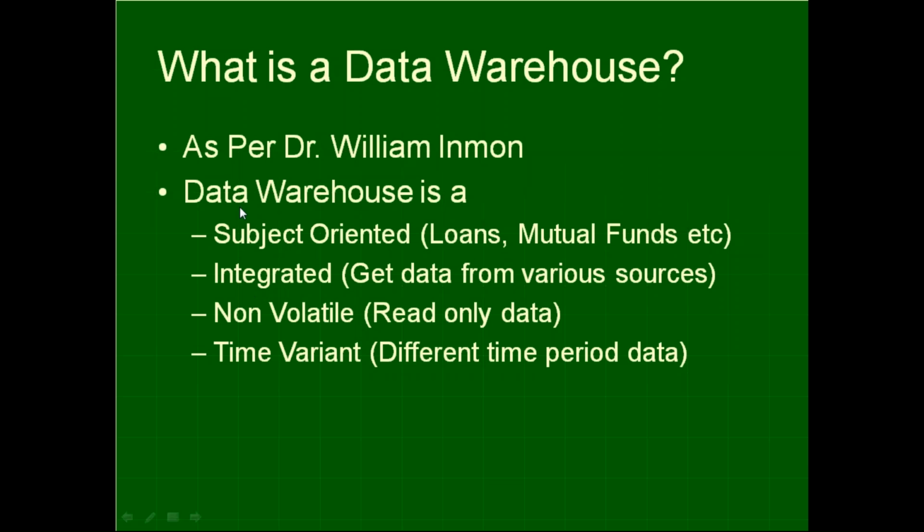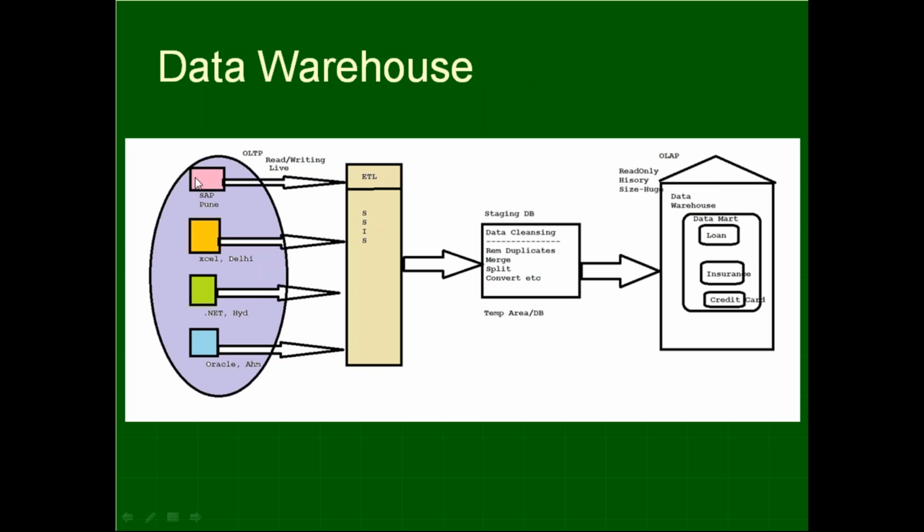Now, the next point, according to William Inmon, is integrated: get the data from various sources. For example, you may get some loan data from one location and keep it here, and from another location you're also getting loan data and keeping it here. At the same time, from another location you're getting insurance data and keeping it here.